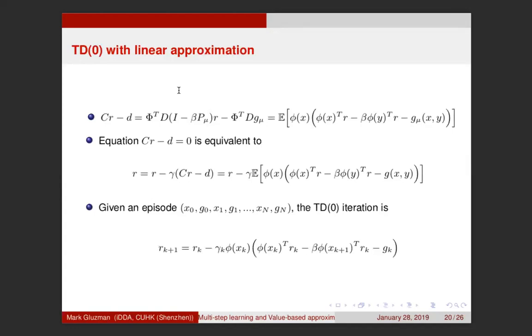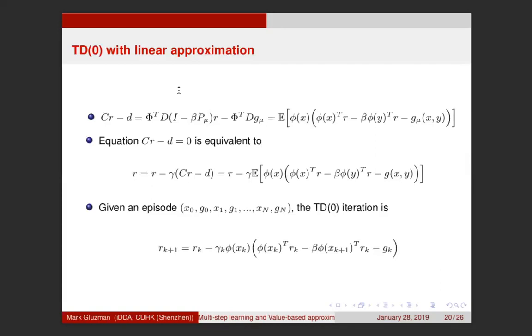We can see that the second term is basically an expectation with respect to the stationary distribution, because D is a diagonal matrix with the stationary distribution on the diagonal.